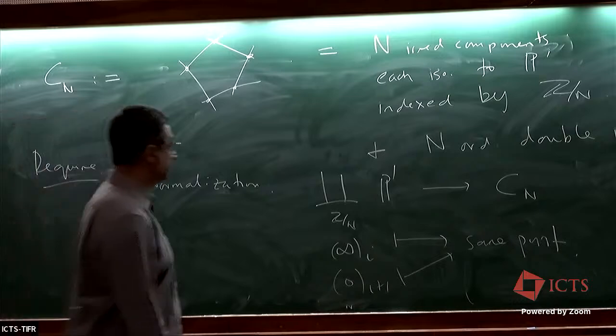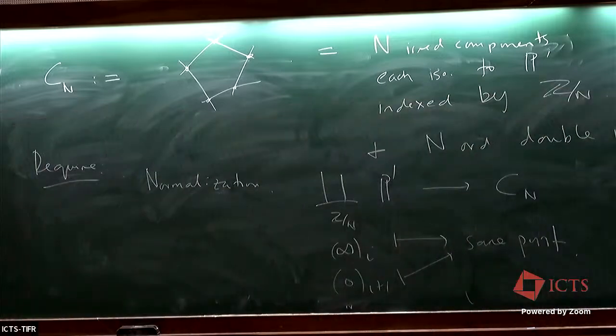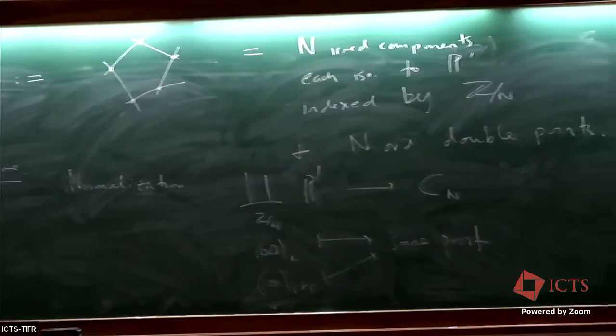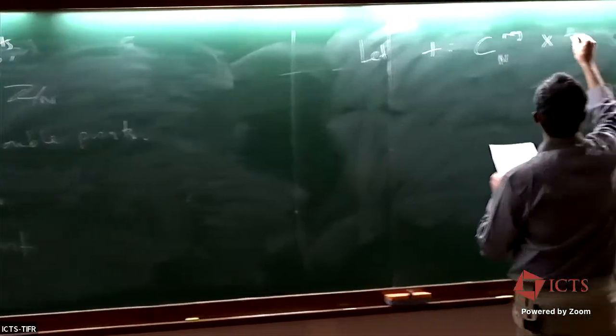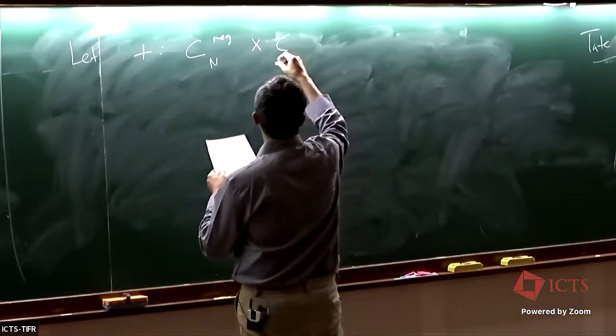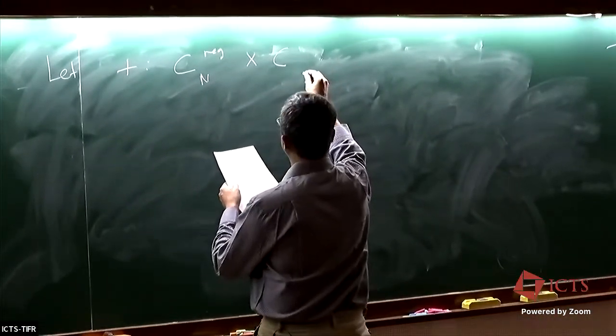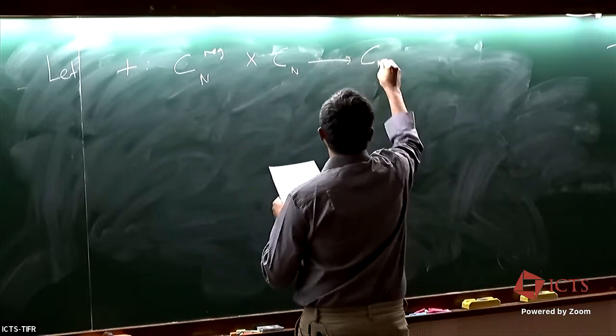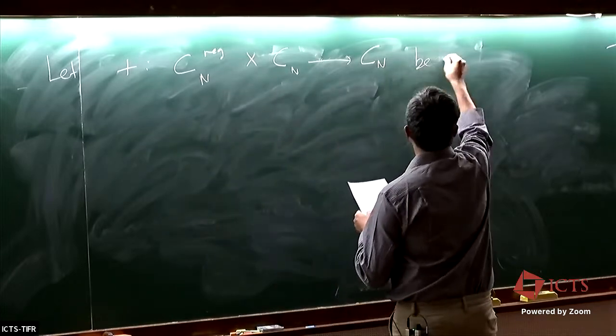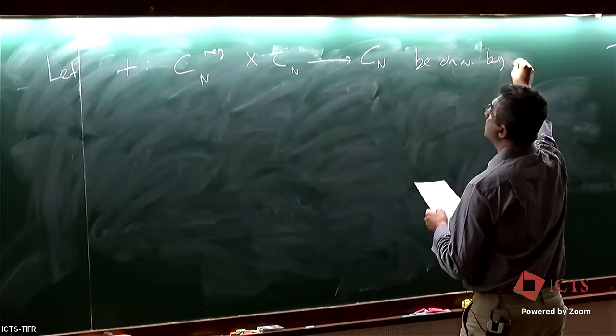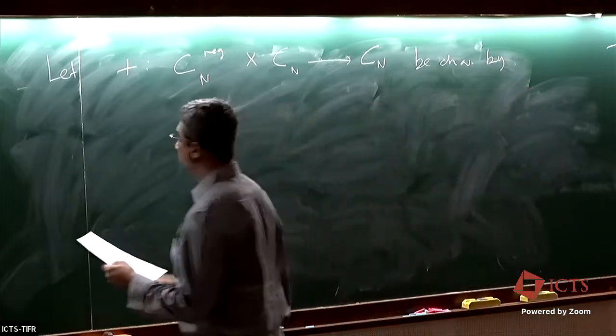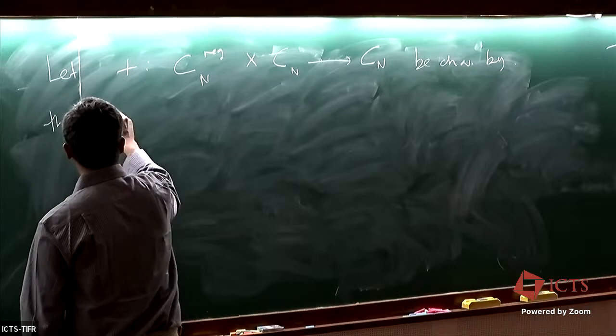So we want to define a plus now: an action of the regular points on Cn. So this is what they say. I'm just going to say it. You just define it so that it makes some diagram commute. Commutativity of the following diagram.